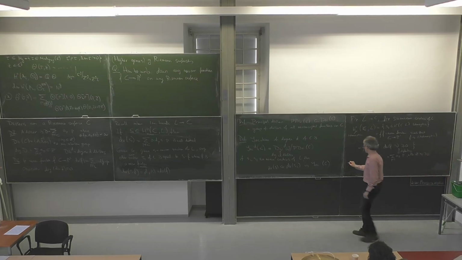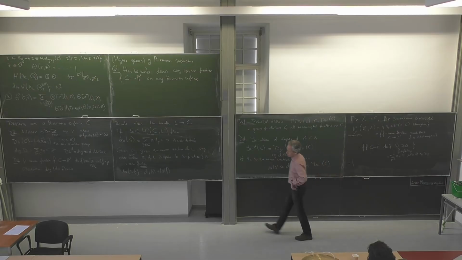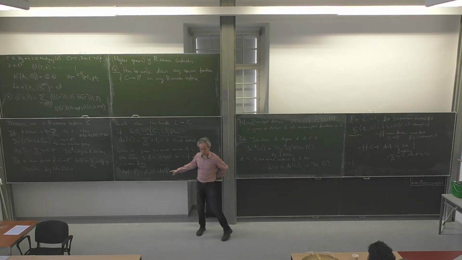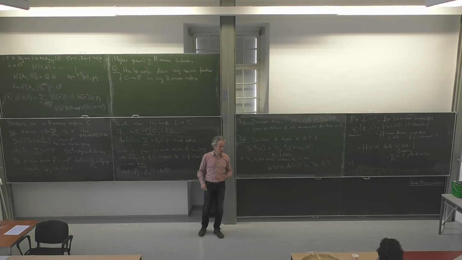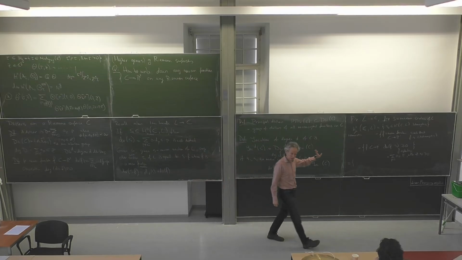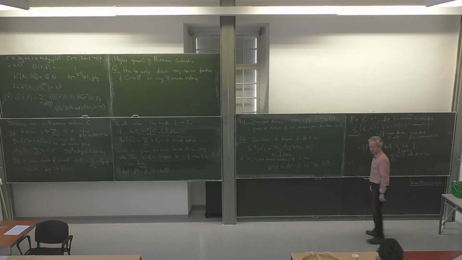This is, of course, also the same as all functions f, but a function f on the Riemann surface is determined by its divisor. If I know where the function has zeros and poles, and another function has the same zeros and poles, you divide one by the other, you get the same function up to a constant. I'm a little sloppy about multiplication by constants here, so let me pretend that doesn't happen.